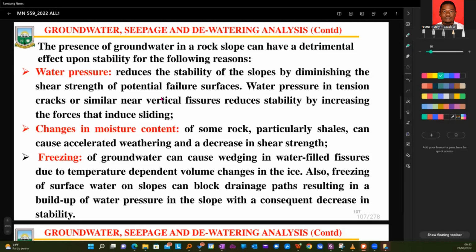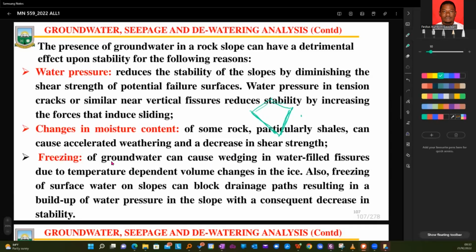Wedging is a situation where you have, let's say, a slope, and a particular discontinuity meeting or intersecting another discontinuity in a slope like this. Because of that discontinuity intersection, this section will fall off or slide out, and that kind of failure we call wedge failure, and it happens in slopes a lot.